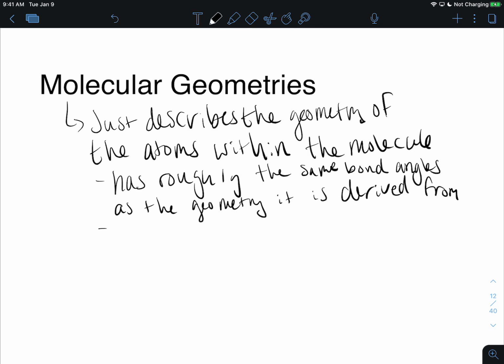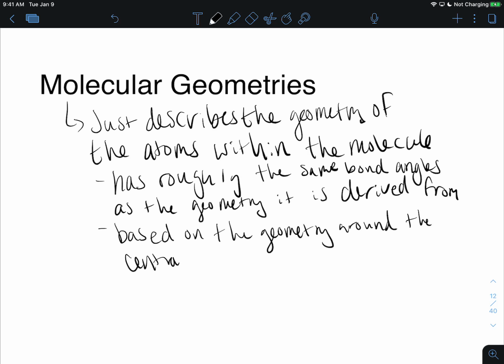And it's also going to be based on the geometry around the central atom, but just looking at the atoms.